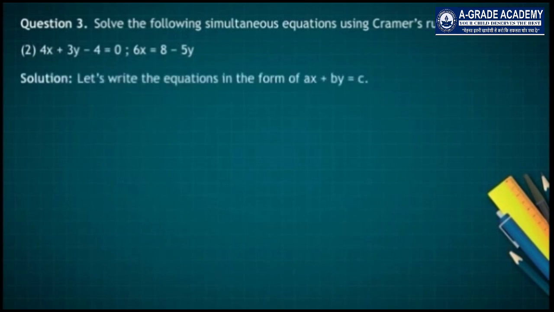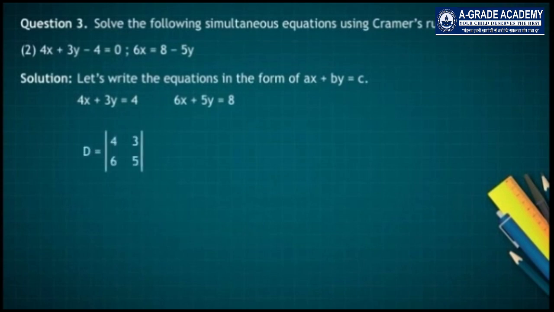Solution. Let's write the equations in the form of ax plus by is equal to c. 4x plus 3y is equal to 4 and 6x plus 5y is equal to 8.